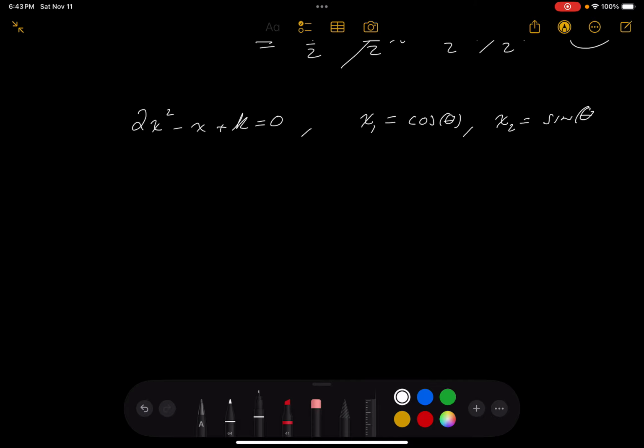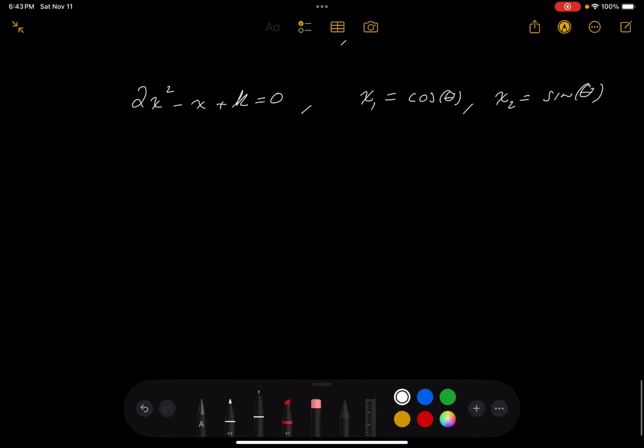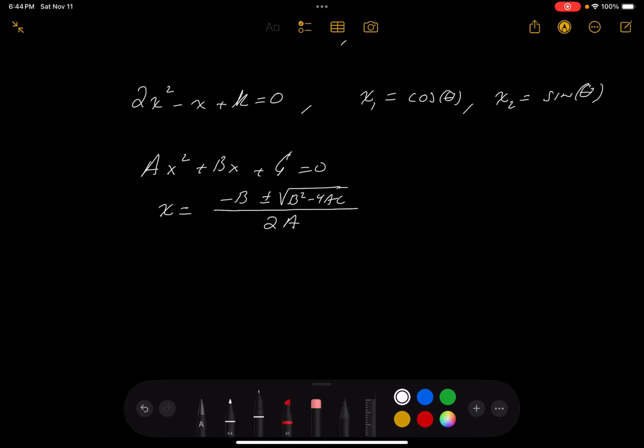All right, let's review the product and sum formulas for quadratics. If you have a quadratic like ax squared plus bx plus c equals 0, the quadratic formula produces two roots.